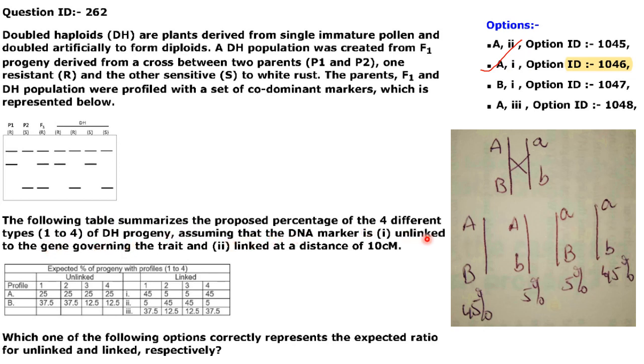Assuming that the DNA marker is unlinked to the gene governing the trait and linked at a distance of 10 centimorgan, which one of the following options correctly represents the expected ratio for unlinked and linked respectively?